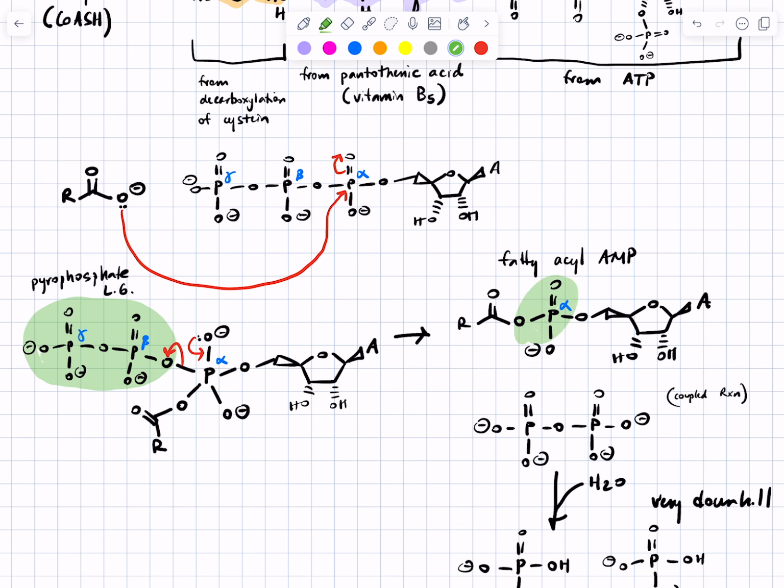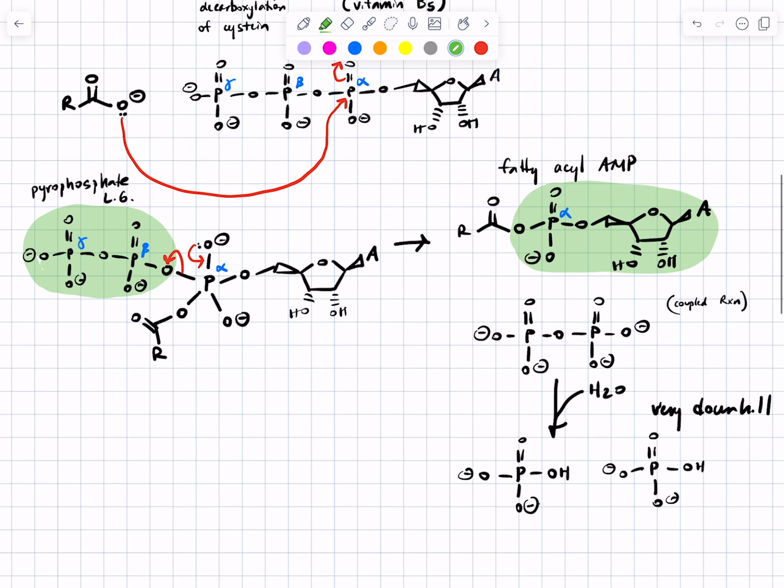So we use ATP to convert the carboxylate into an acyl phosphate, an acyl AMP. Now this is a good leaving group, and now the carboxylate is prepped for nucleophilic acyl substitution. Another thing that helps this reaction is that the pyrophosphate leaving group subsequently gets hydrolyzed.